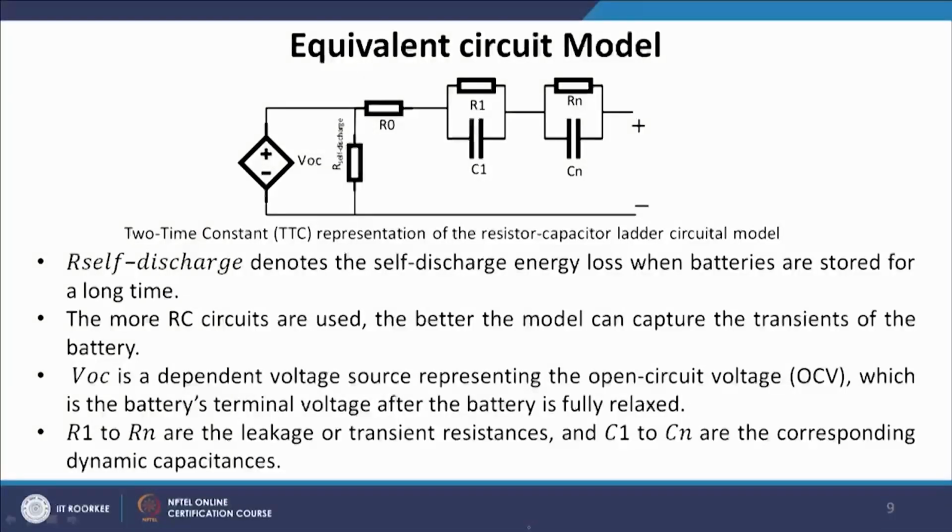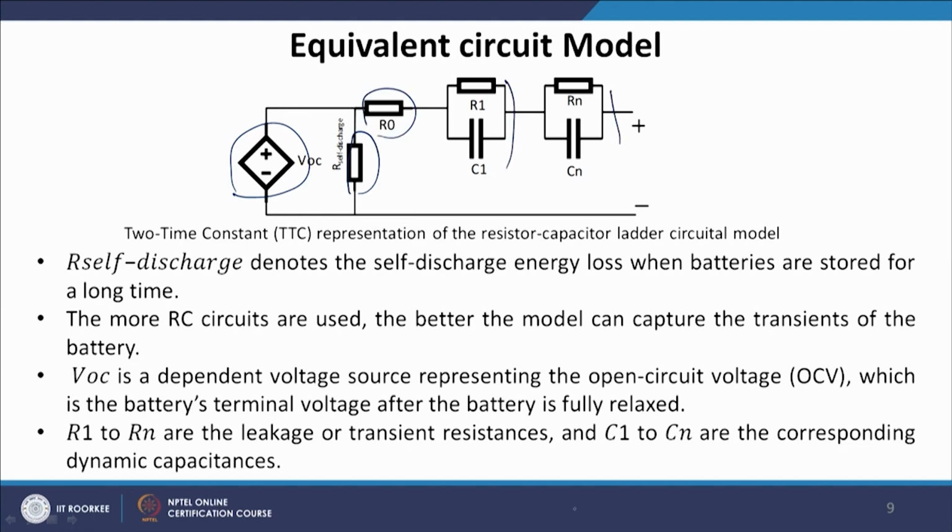Now, focusing on the equivalent circuit model, it is a 2 time constant, TTC, representation of the resistor capacitor ladder circuit model. You can see a DC voltage source, a shunt resistance, a series resistance, and then RC in parallel.